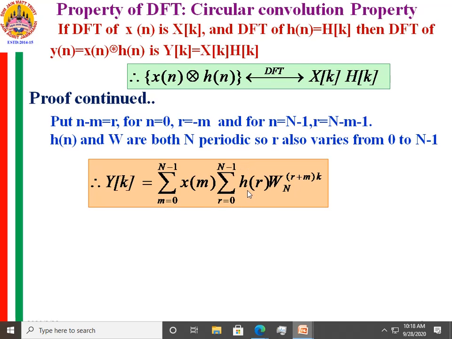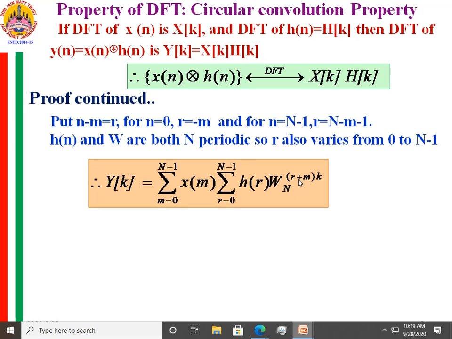Because both this h and W are periodic with the period of N. So after every interval of N, the sample values will repeat. Since they repeat, whether you vary it from minus m to N minus m minus 1, a total of N points, or 0 to N minus 1, both are the same. So we vary this summation from 0 to N minus 1.